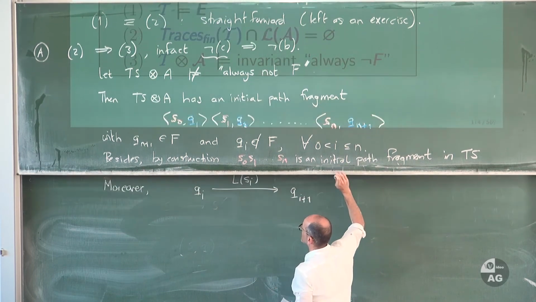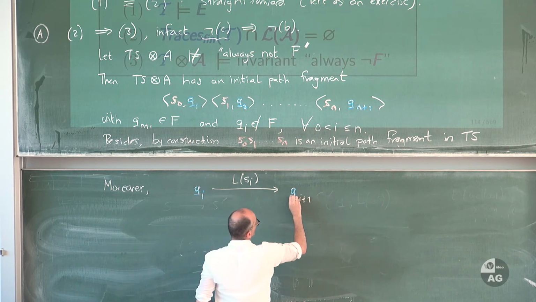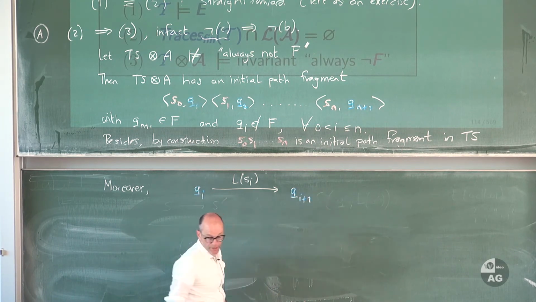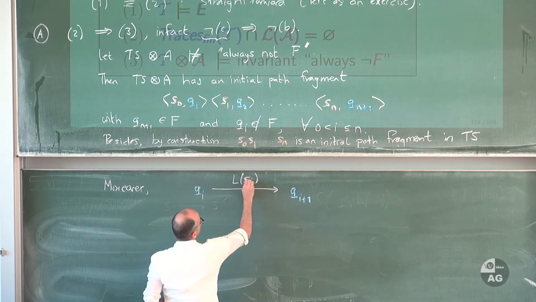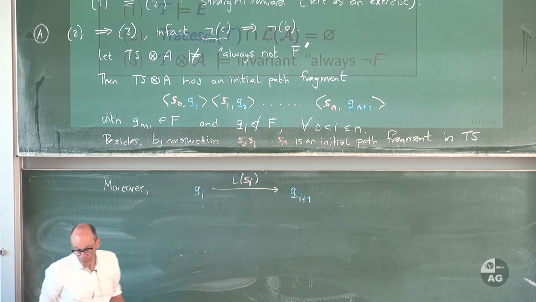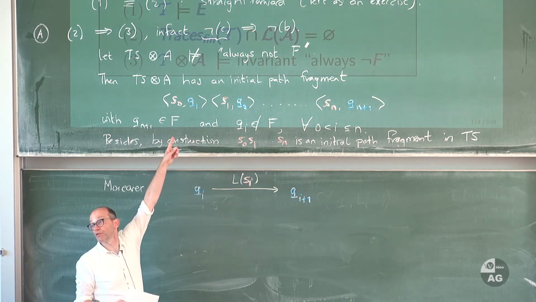And I know that from qi, I can move to qi plus 1 by taking this label of Si. Why is this? Otherwise this would not be a path fragment in the synchronous product, right?